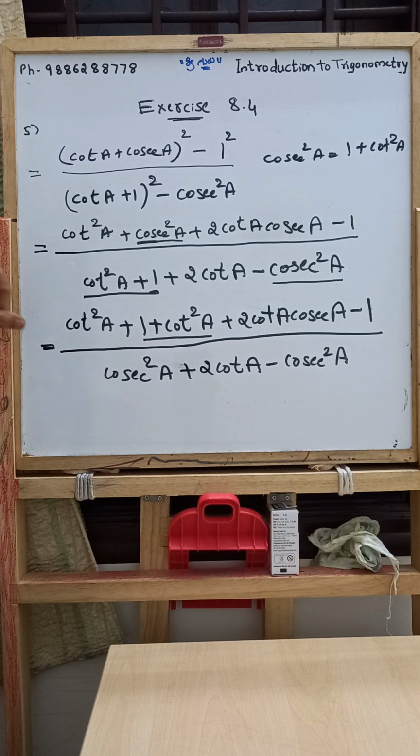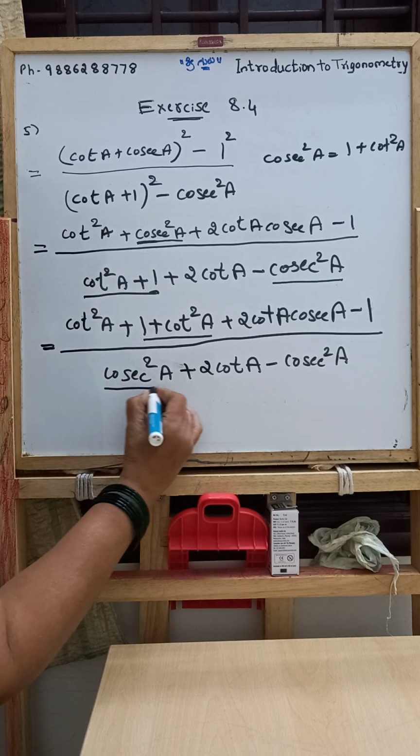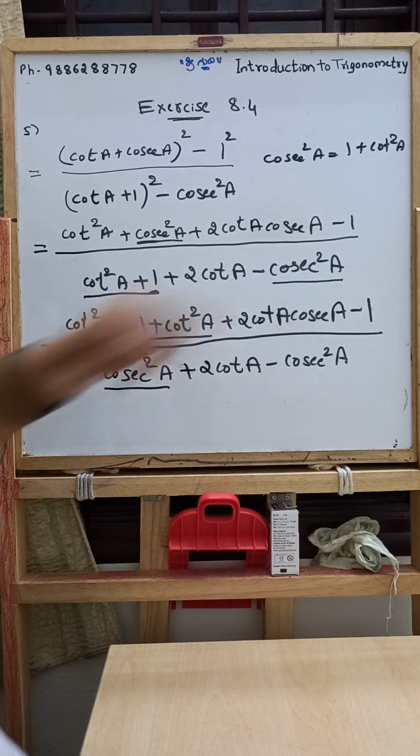In the denominator, cot square A plus 1 is written as cosec square A, and the other terms as they are.